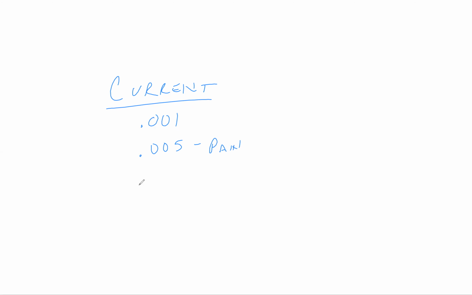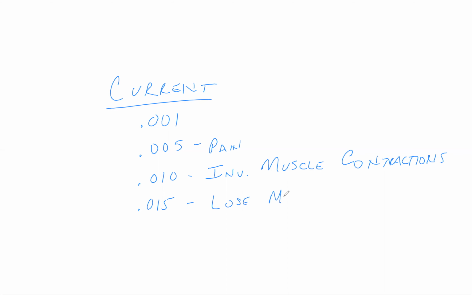If it goes to 0.010, you get some involuntary muscle contractions, like you might see in a taser. If we go up another 5 milliamps, you lose muscle control. And if we go up to 0.070, possible death.